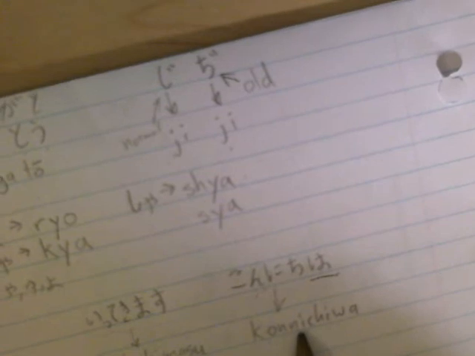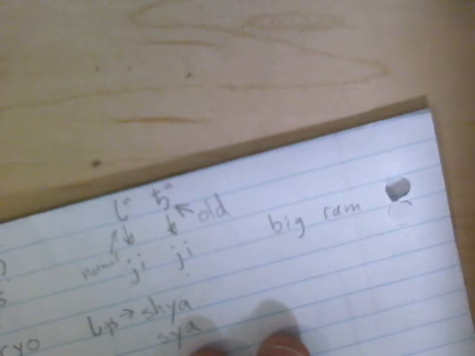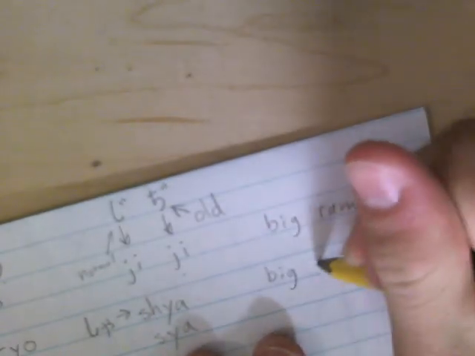If you just think about in English when we have double consonants next to each other, how we change the pronunciation. For example, big ram. Okay, big ram. Now say this: big gram.